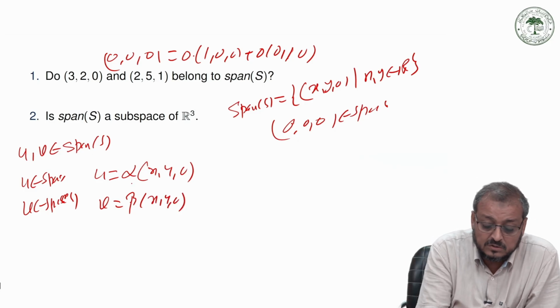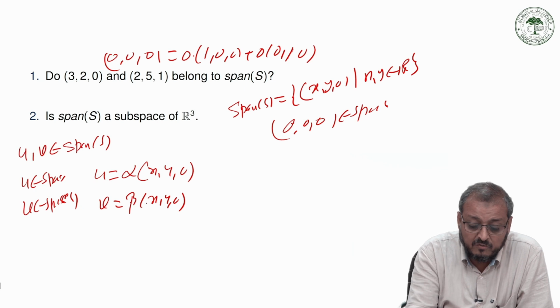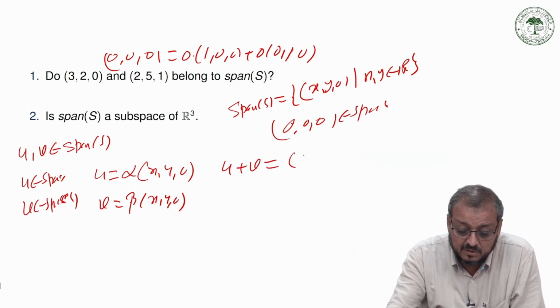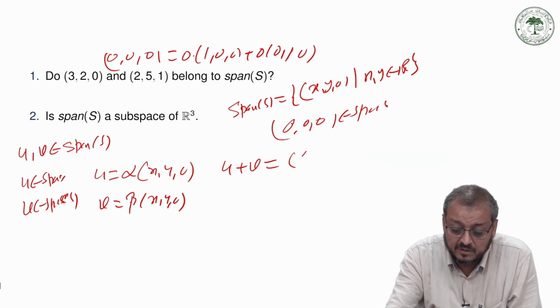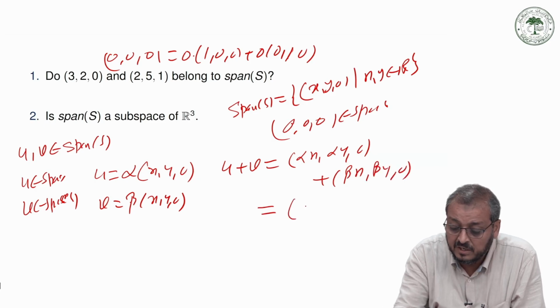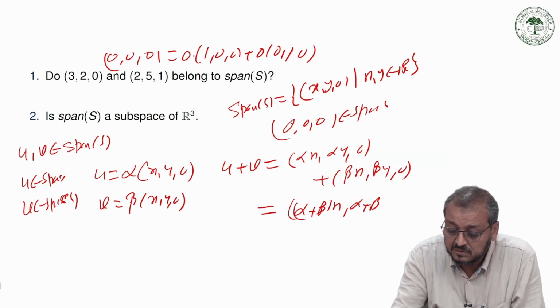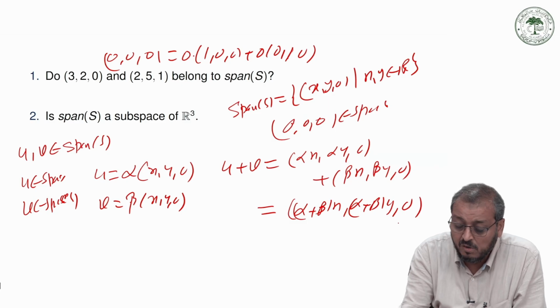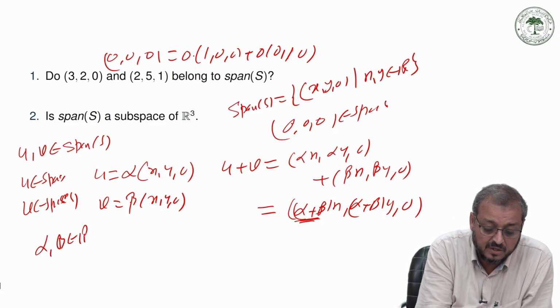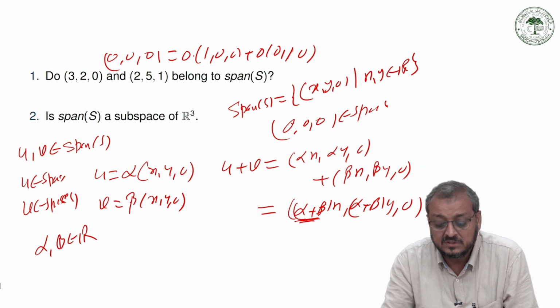Now we take u plus v. This is equal to, by scalar multiplication, (alpha x, alpha y, 0) plus (beta x, beta y, 0), which is (alpha plus beta)x, (alpha plus beta)y, 0. Alpha and beta are real numbers, and the sum of two real numbers is again a real number.